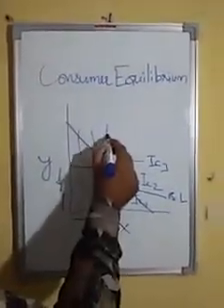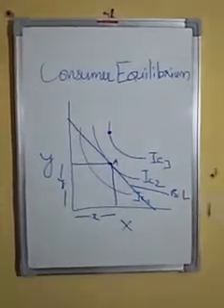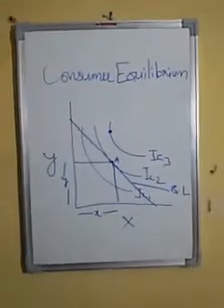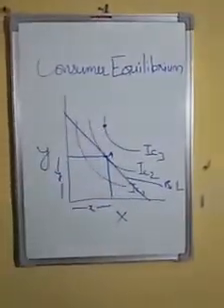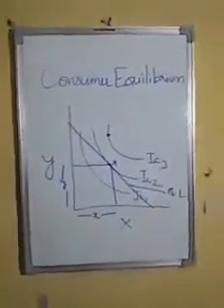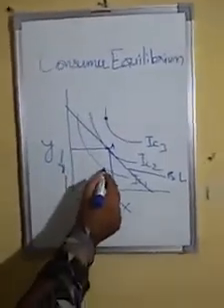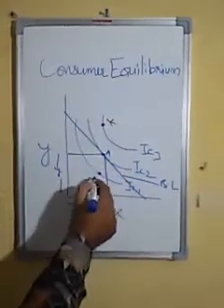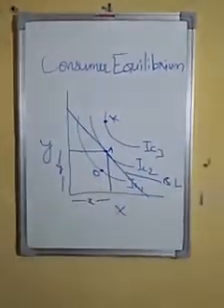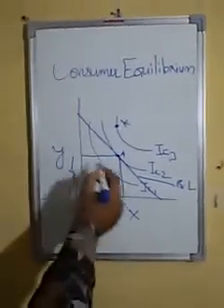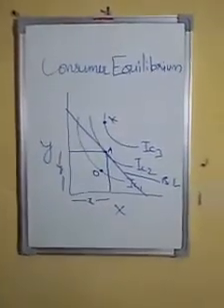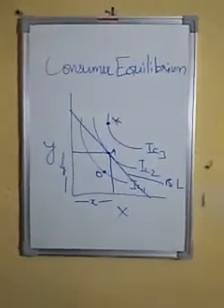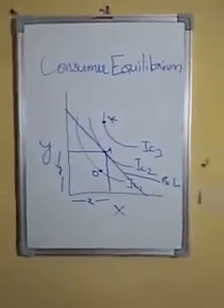If the consumer is interested in the combination on IC3, it will be desirable from his side, but he or she cannot buy it because it is above the budget line. This means it is above the purchasing power. And suppose he is interested in this combination O, he or she can buy it, but it is below the budget line, so it will not give him the maximum satisfaction from the income.